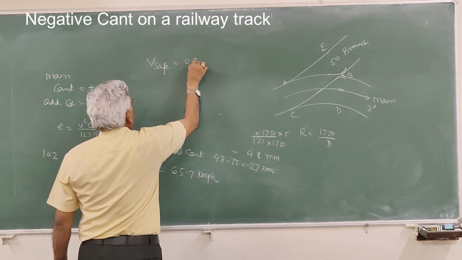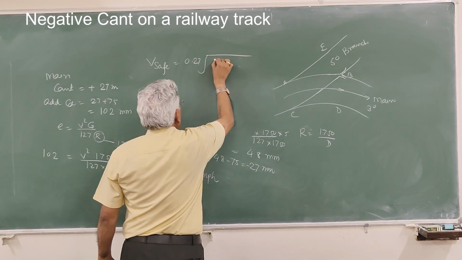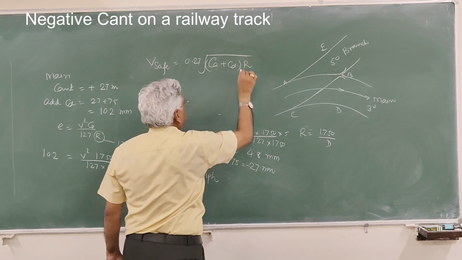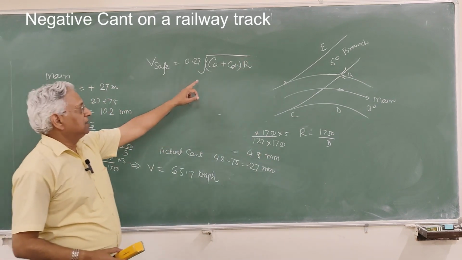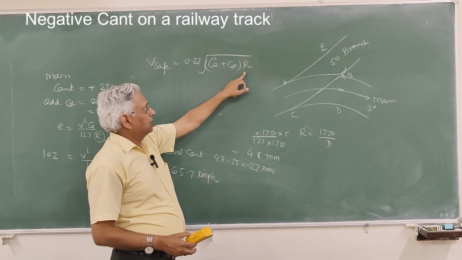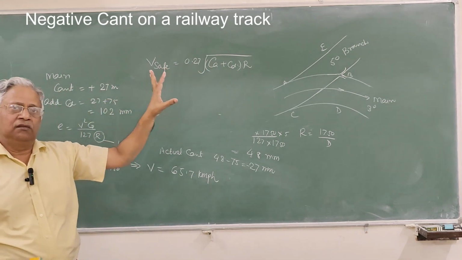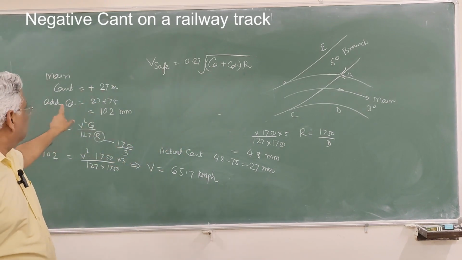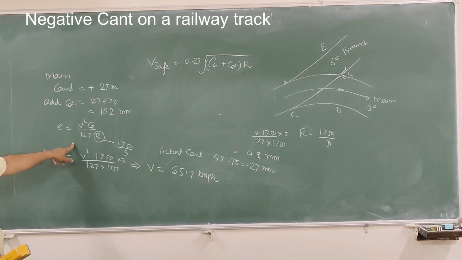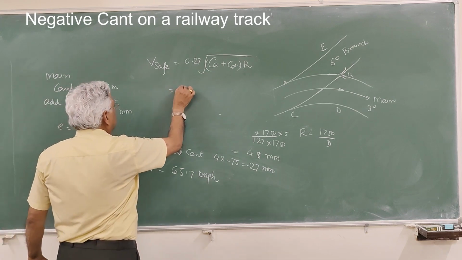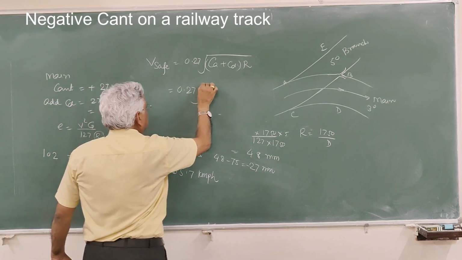Safe speed is 0.27 square root of CA plus CD into R. CA actual Cant, CD Cant deficiency, R radius of the curve in meter, these are in millimeter, and this equation is taken from this equation only. When you put the value of G 1750 and E is kept CA plus CD, that is the equation. So if you calculate this, you will get the safe speed.